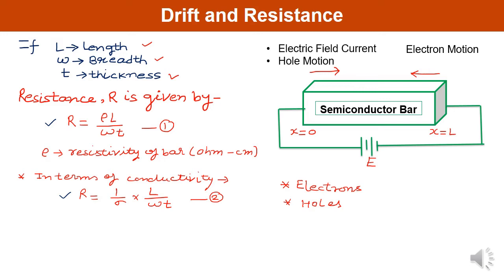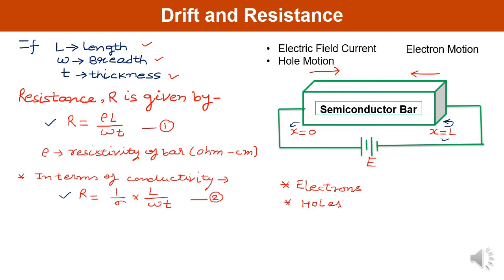For every electron leaving at the left end of the bar, which is x is equal to 0, there is a corresponding electron entering the right end, at x is equal to L. In this way the concentration of electrons in the bar remains constant. If one electron is leaving from this end, another electron is entering from this particular end. So overall the concentration of electrons in the bar remains the same.